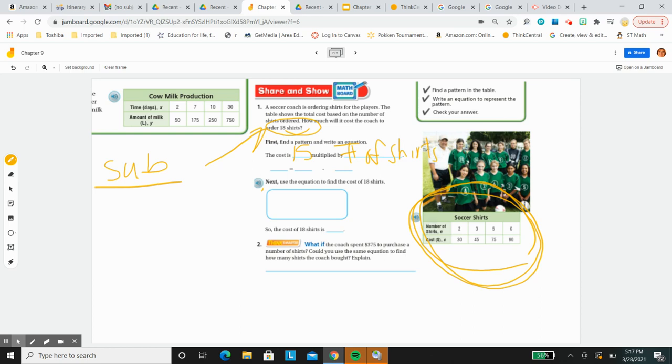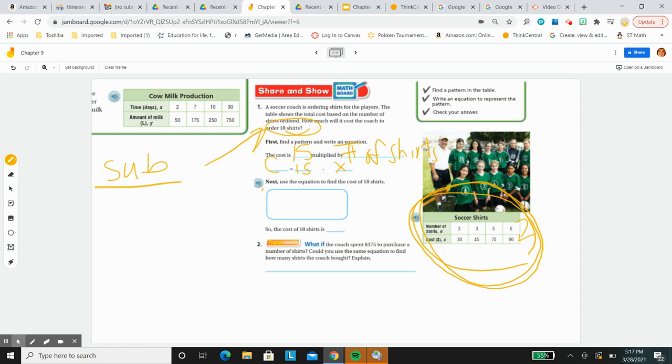So the shirts, this is my X. And what's going on from X to Y? What's going from here to here? 2 times 15. I'm just going to give it to you. We just don't have time to be thinking, well, what's happening from X to Y in this video? We'll spend more time if you're listening to me teach it. So I've got the dependent variable, which is the cost, is equal to 15 times X.